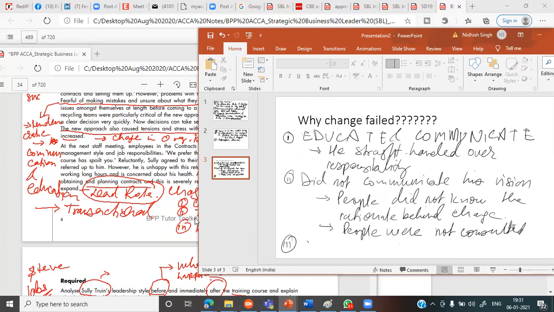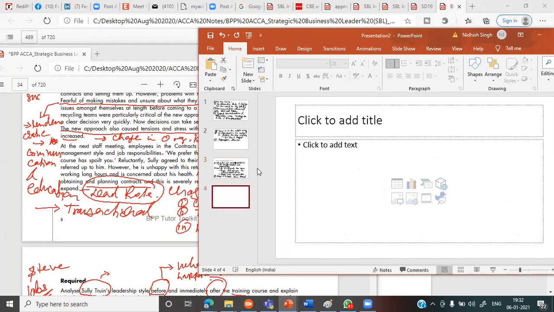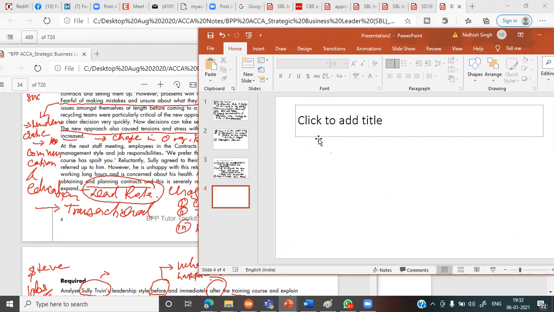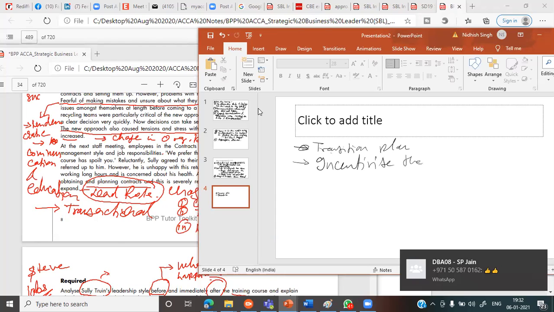So for such change to happen, there should be incentives to motivate the employees, so that if they do the task correctly, they would get so and so perks and benefits. Yeah, these are the fundamentals of the change management. So incentivize the right behavior.